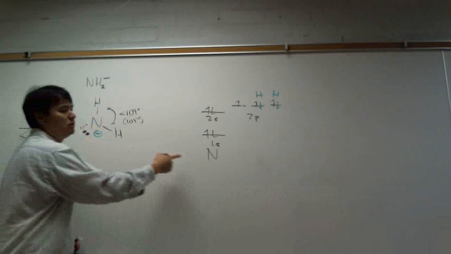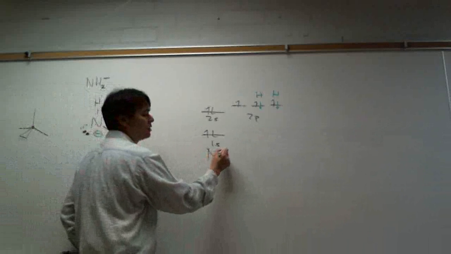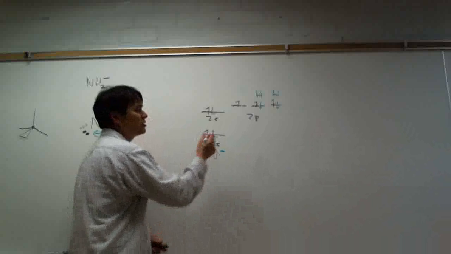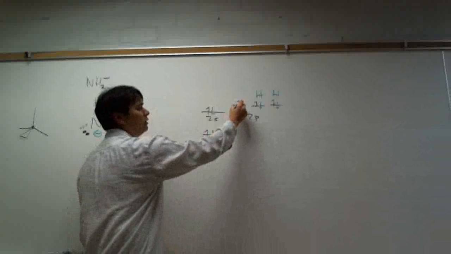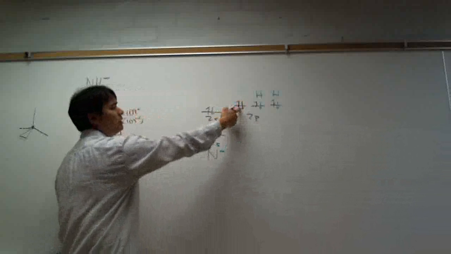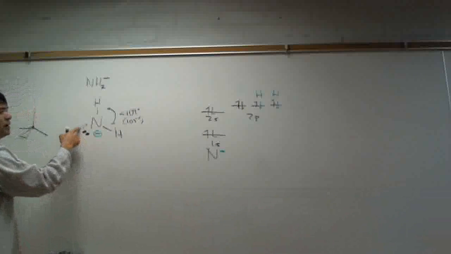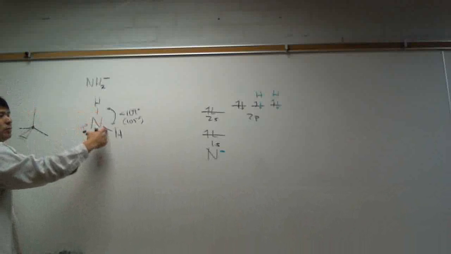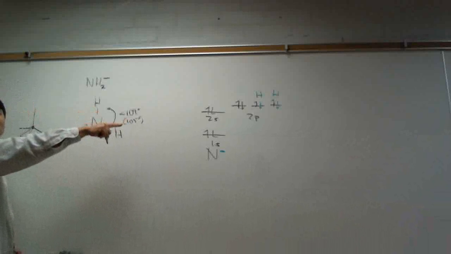So this isn't a neutral nitrogen. This is a nitrogen with a negative charge on it. A nitrogen with a negative charge has an extra electron, which means we'll have 2 lone pairs and 1 bond here, 1 bond here. And that's what we get, right?